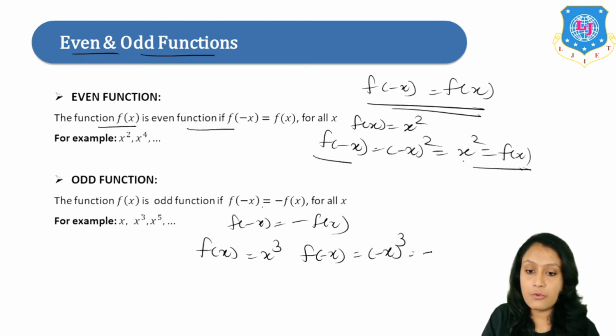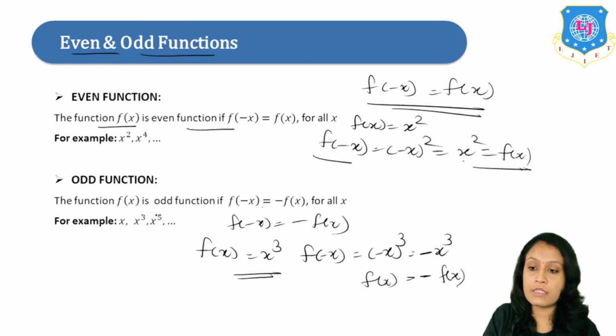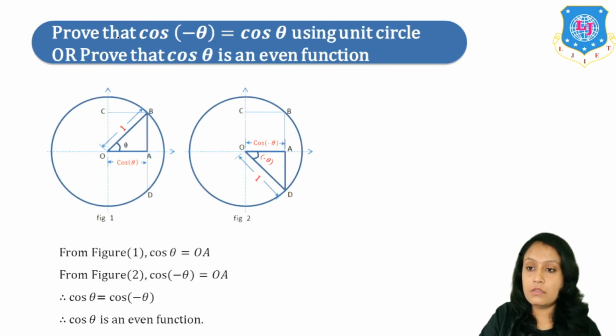Now here it is cube, so the answer will be -x cube. We know x cube is f(x), so this is -f(x). So we are getting f(-x) equal to -f(x), therefore this x cube is known as an odd function.